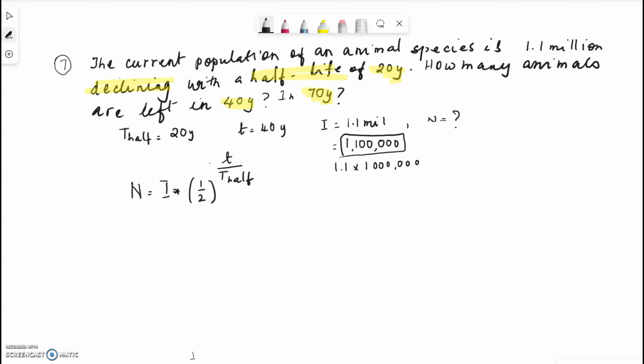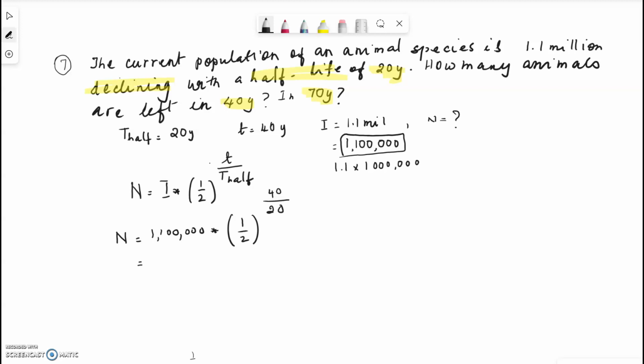So we're going to plug in the numbers. N is the unknown. We don't know how many are left at the end of 40 years. So the initial value is 1.1 million times half to the power of t, which is 40, over t half, which is given as 20 years.